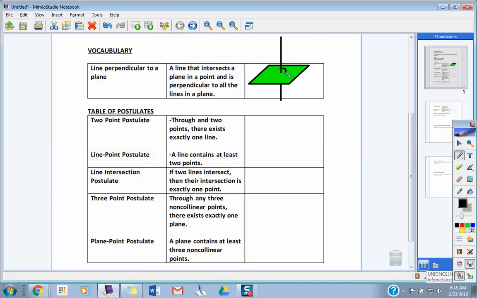What angles form between the line and the plane that it's passing through? 90-degree angle, so it's passing straight through it, all right? So a line perpendicular to a plane is basically a line going straight through a flat surface. It's perpendicular to the surface.